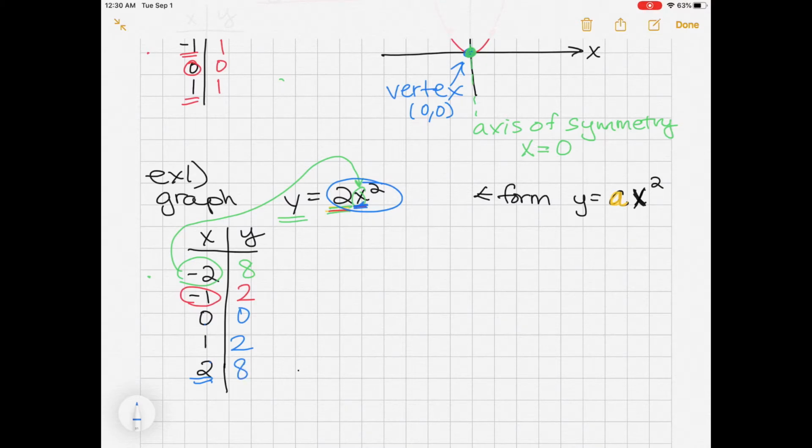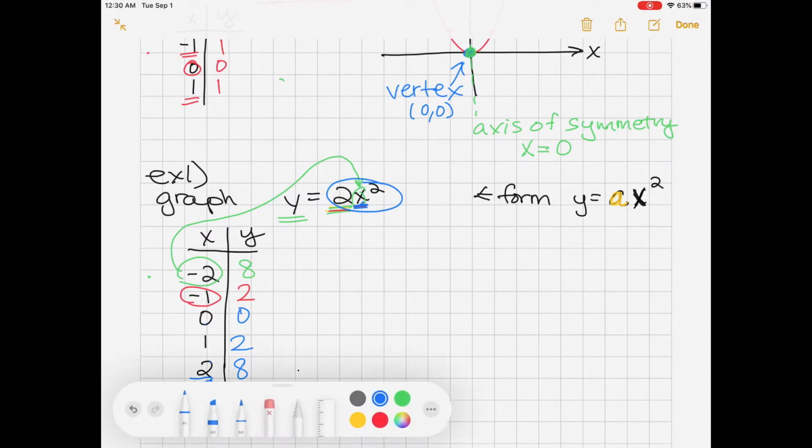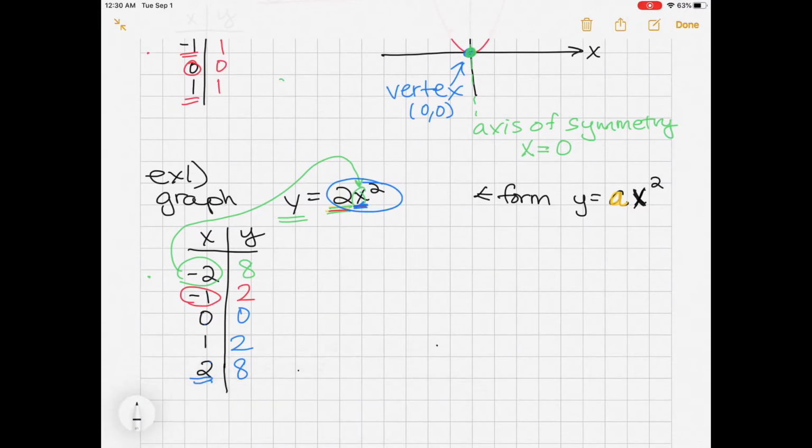Now that we have those values for x and y, we're going to graph them. So we've got (-2, 8). 1, 2, 3, 4, 5, 6, 7, 8, right here.